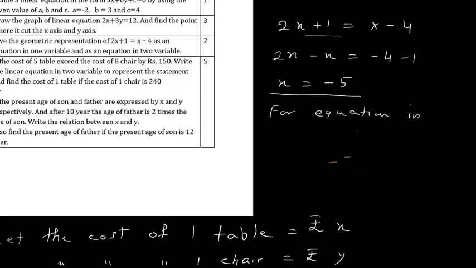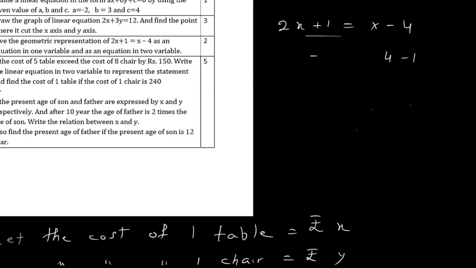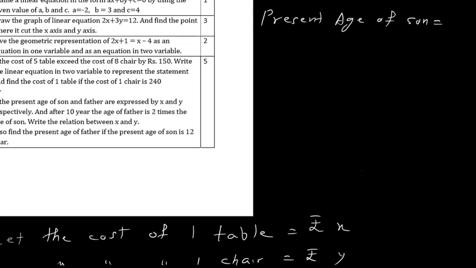So the ages of son and father are represented by x and y respectively. Present age of son is x and present age of father is y. So we write that information: present age of son is x years and present age of father is y.